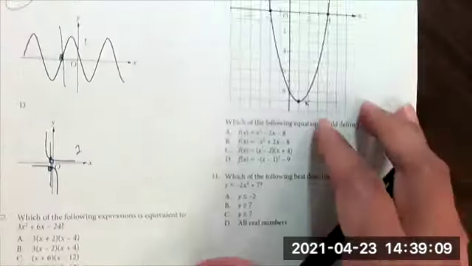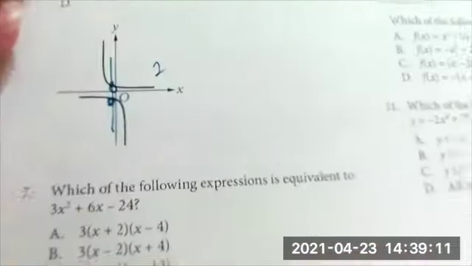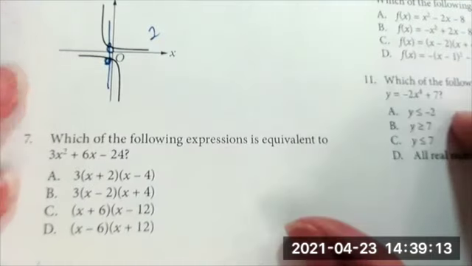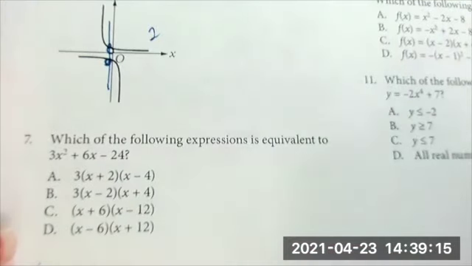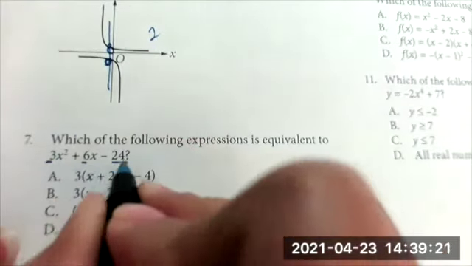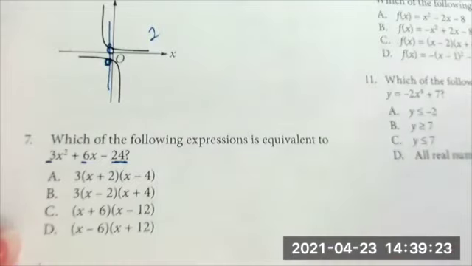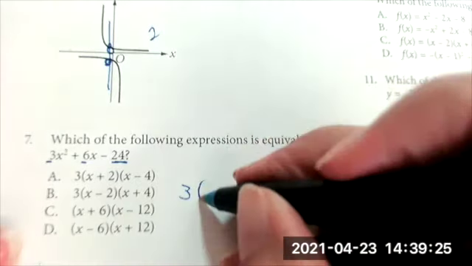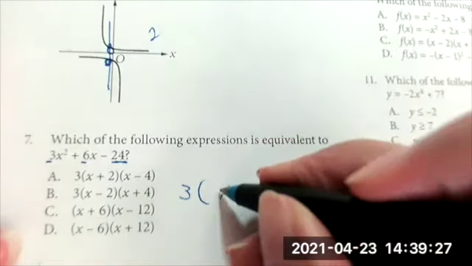Number 7. It says, which of the following is equivalent? I automatically see something. Do you see 3x squared?